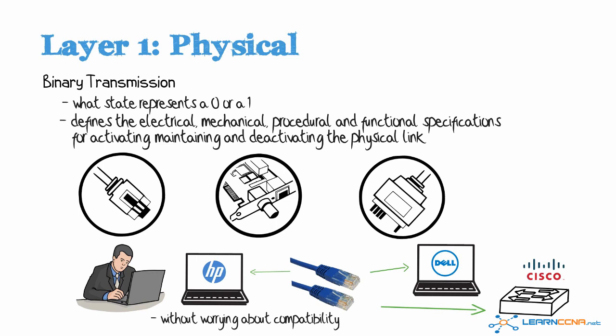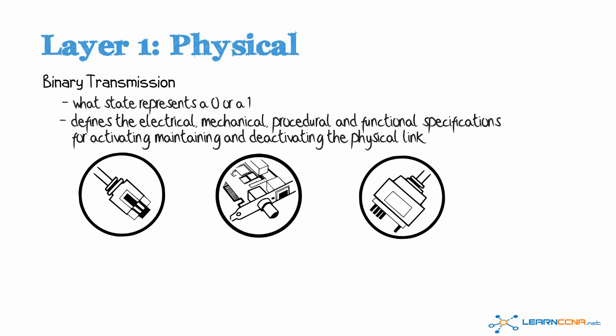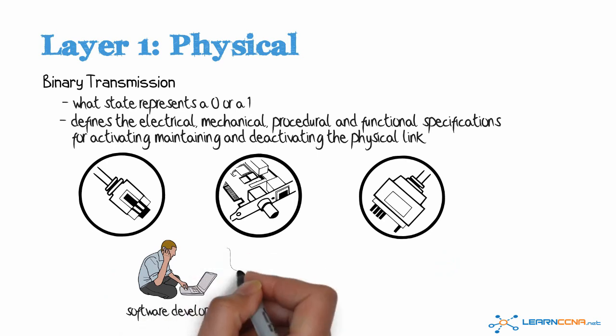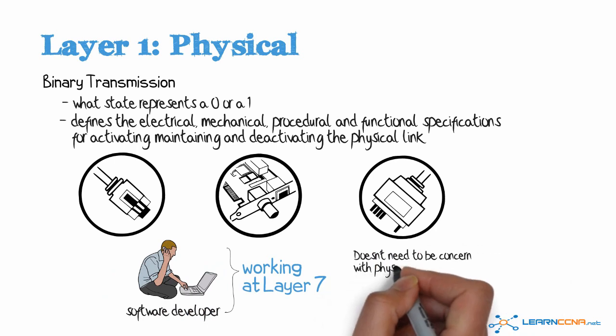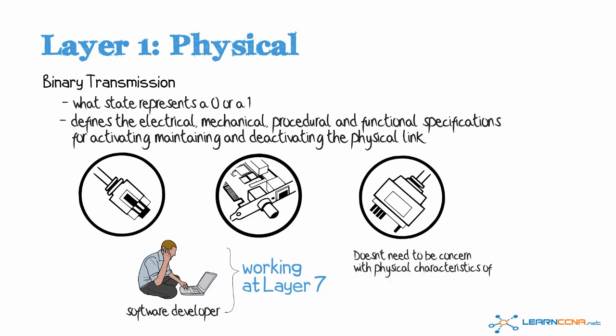different devices from different vendors because those vendors adhere to the standards at the physical layer or layer 1 of the OSI model. Once again, a software developer working at layer 7 of the OSI model doesn't need to be concerned with the physical characteristics of Ethernet, or ATM, or DSL, or RJ45 cables, or V35 cables, or fiber optics, and so forth and so on.